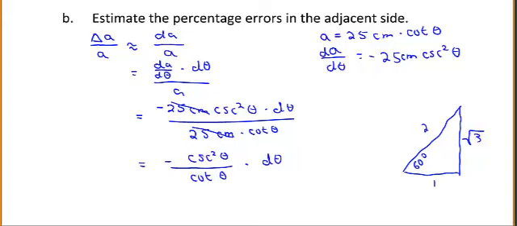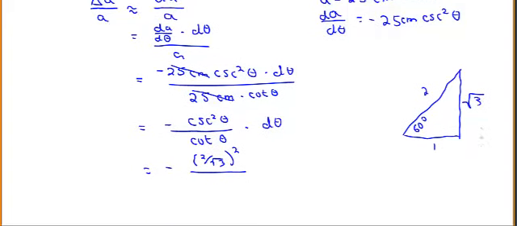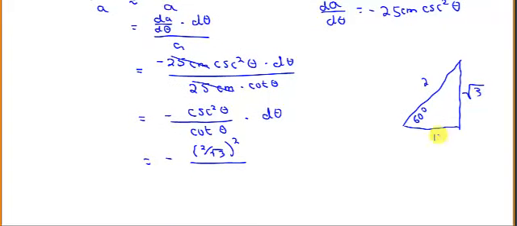Cosecant was the hypotenuse over the opposite, so this would be negative 2 over the square root of 3, squared, over cotangent, which is the adjacent over the opposite, 1 over the square root of 3. And then times d theta, which was plus or minus 1 degree, and we had to express that in radians, so plus or minus pi over 180.